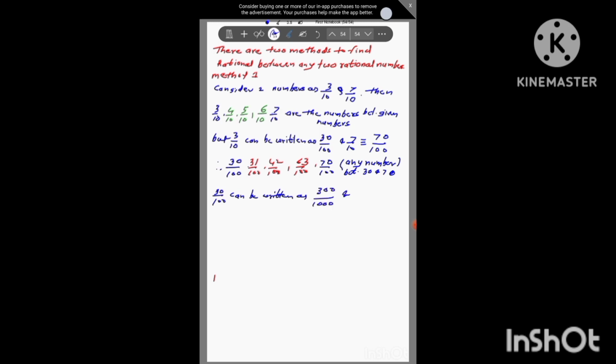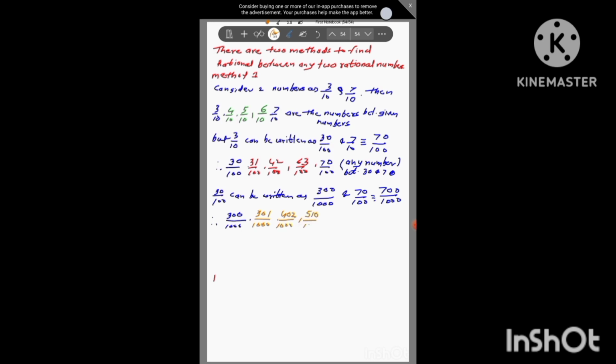And 70 upon 100 can be written as 700 upon 1000. These are the same numbers. So we can write any numbers between 300 and 700 divided by 1000. This is the first number, then any number 301, 302, any numbers. You can write as many numbers as you want.